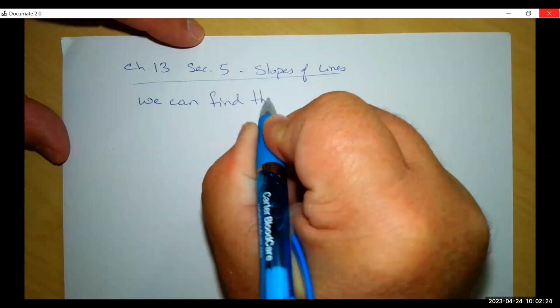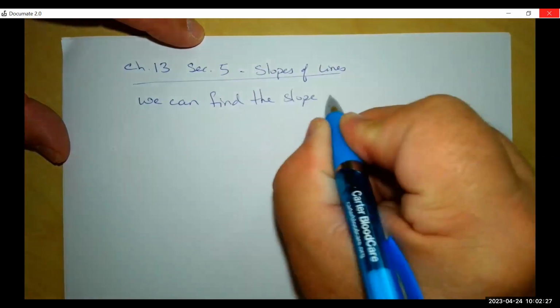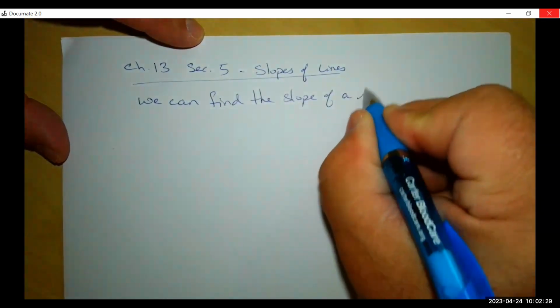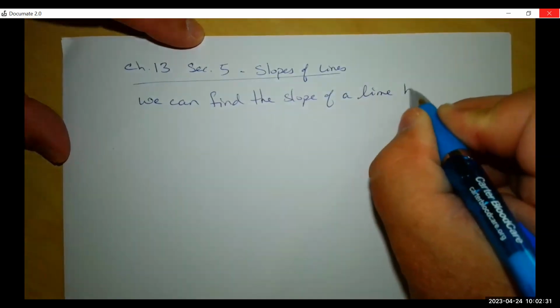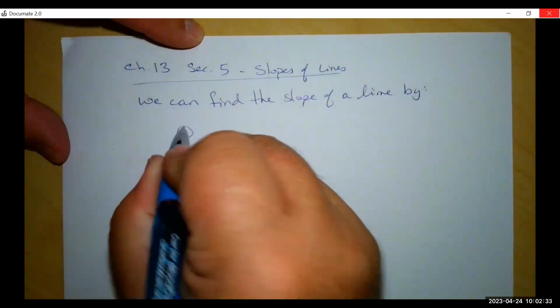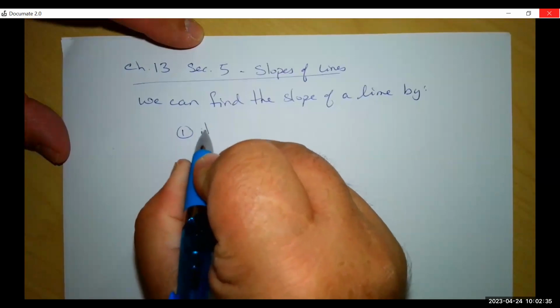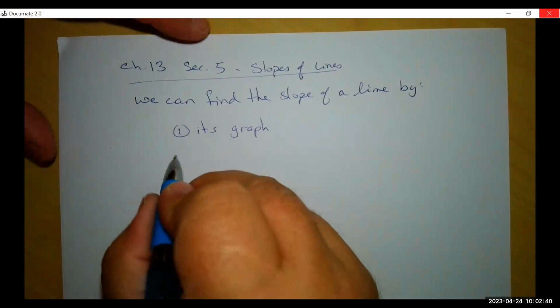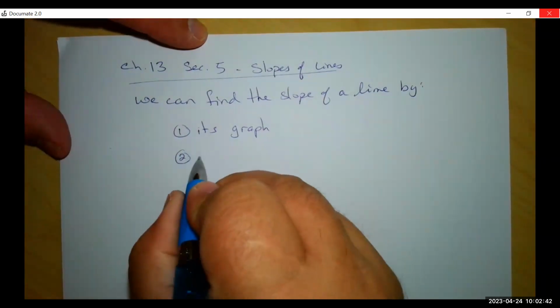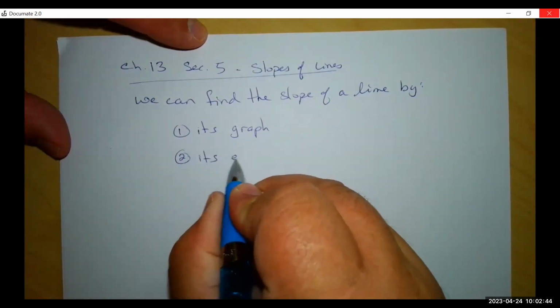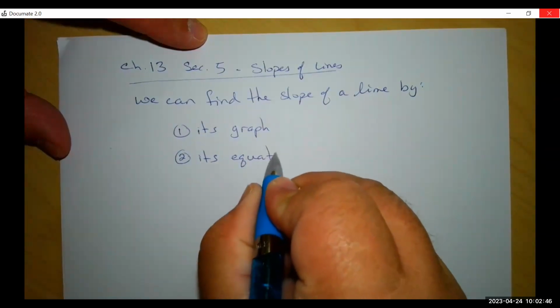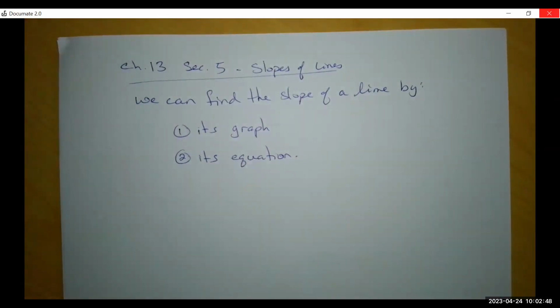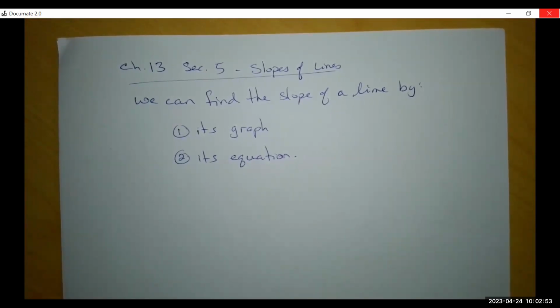We can find the slope of a line by one, its graph, or two, its equation. And there's another one, I don't know if we're going to cover it in this section. So we're going to get two of them, from its graph and from its equation.